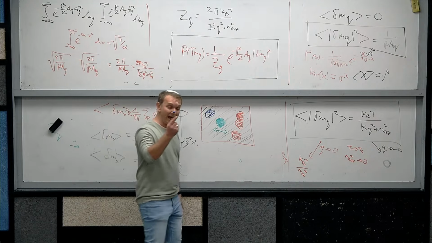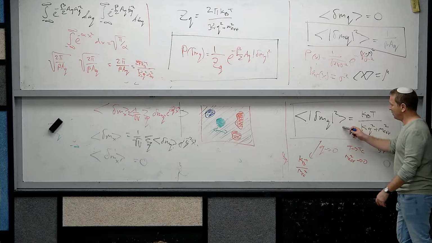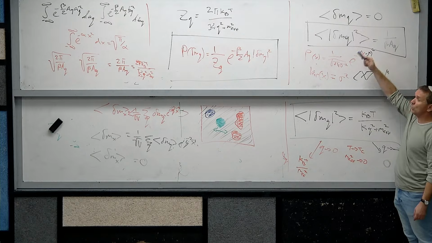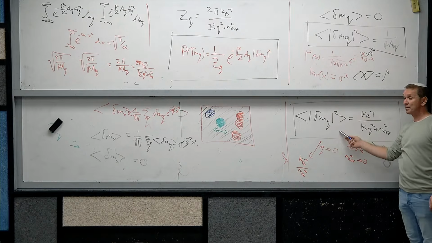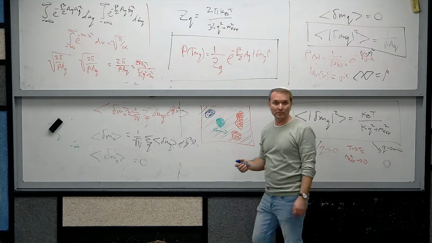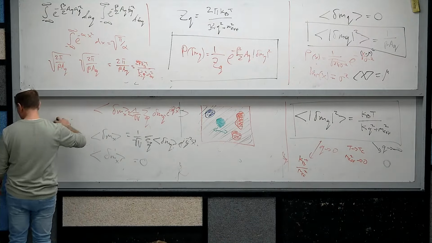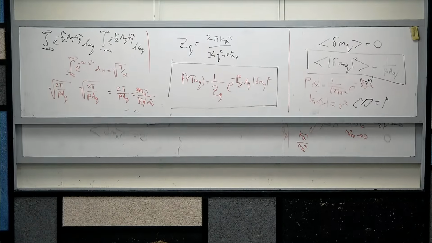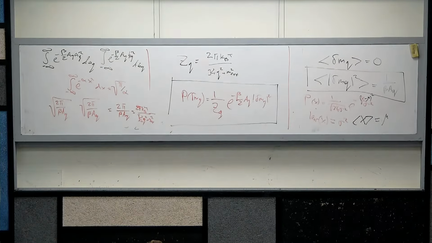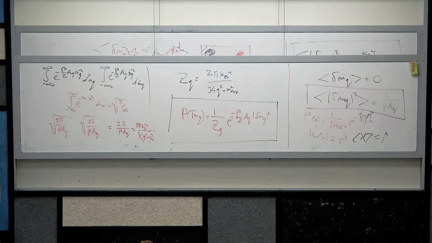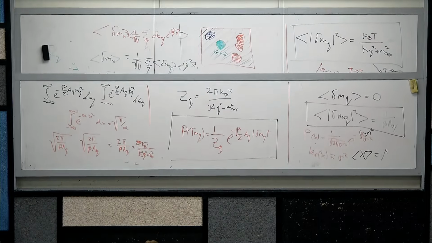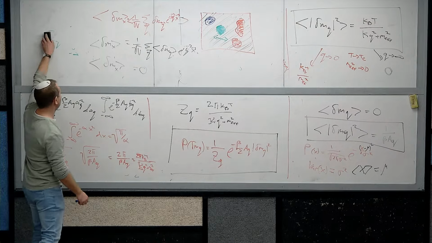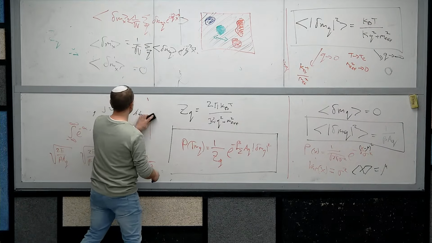Well, delta m_q equals 0 already told me about the fluctuations, but this is not what I wanted to compute. What I wanted to compute is the spatial correlations of the fluctuations.